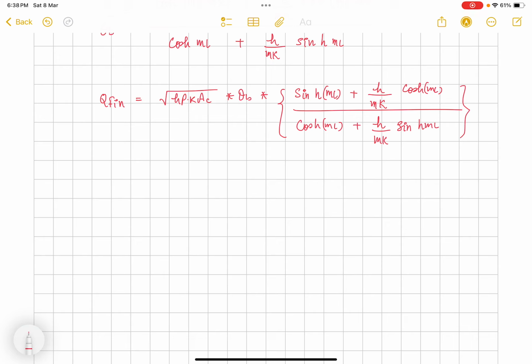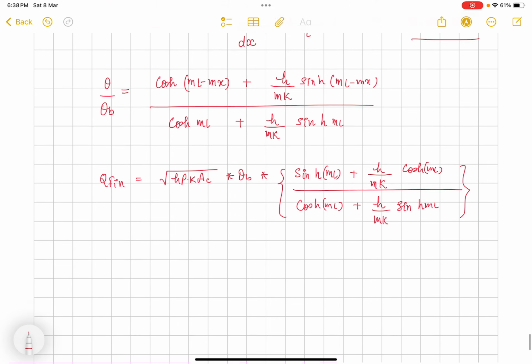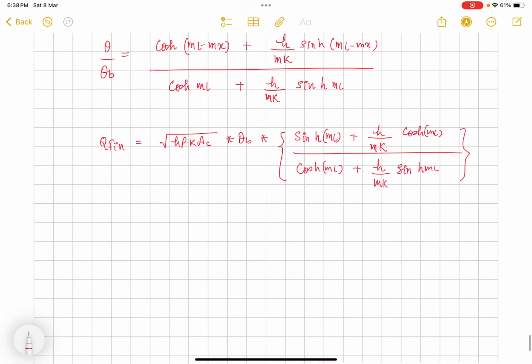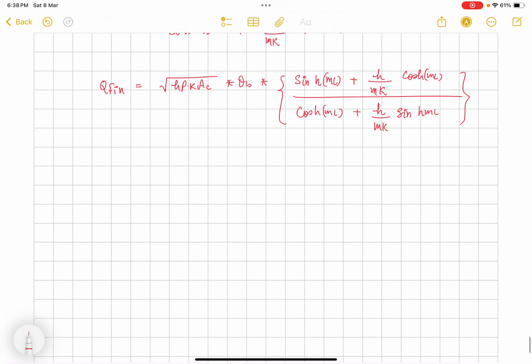Alright, so this is the thing we should consider, but we can see that these expressions look very tedious, and so there is one more alternative way to solve this problem, that is the corrected length approach.